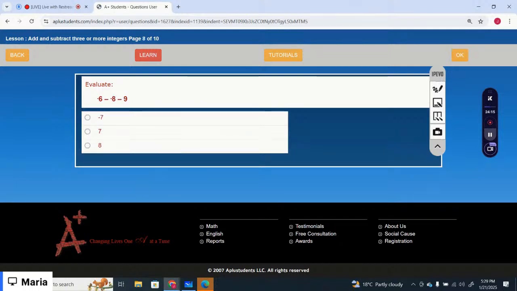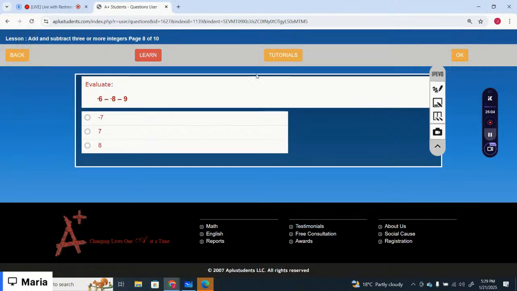Negative 6 minus negative 8 minus 9, which is the correct option? Negative 7.